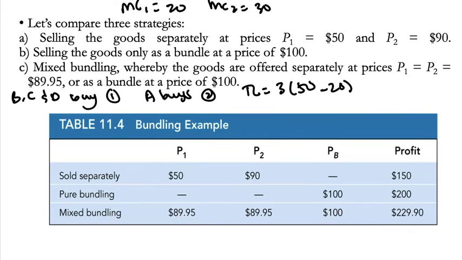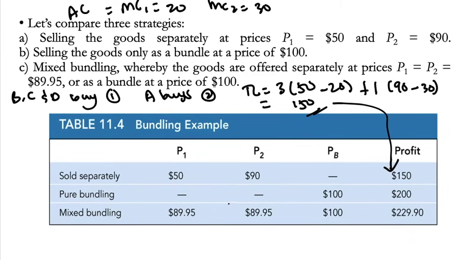Why do we minus marginal cost? Because when marginal cost is constant, it's equivalent to average cost. So price minus average cost is profit per unit, isn't it? Profit per unit times 3 becomes total profit. But then we have another product here. One person buys good 2. Good 2 is 90 minus marginal cost 30, isn't it? Then you get what profit? Profit is 150, which is this.